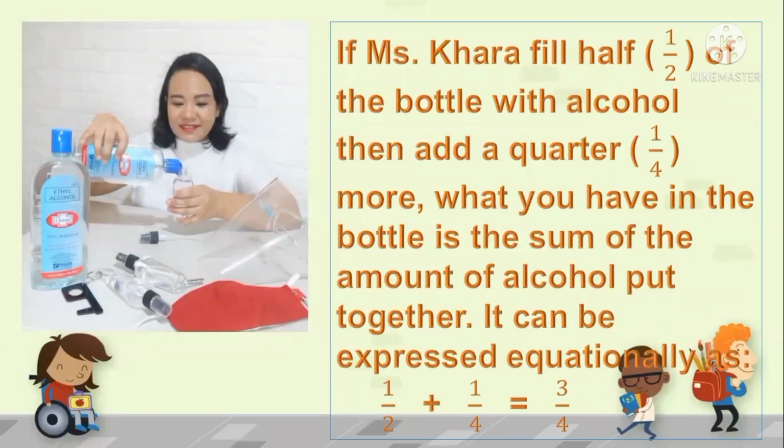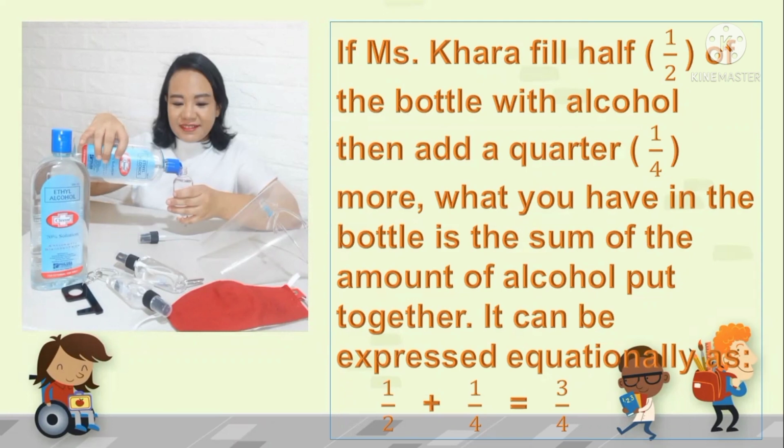This is an example of an equation involving addition of fractions. You may have noticed that adding these numbers doesn't seem to work the way you know how. Don't worry. This lesson will help you learn the skills in adding fractions.